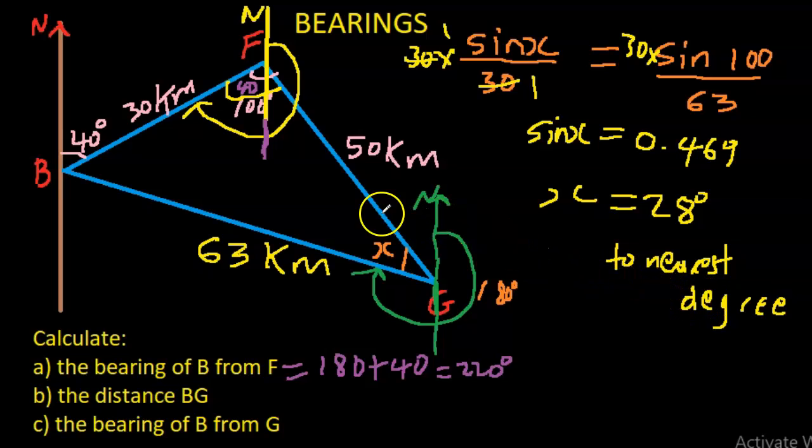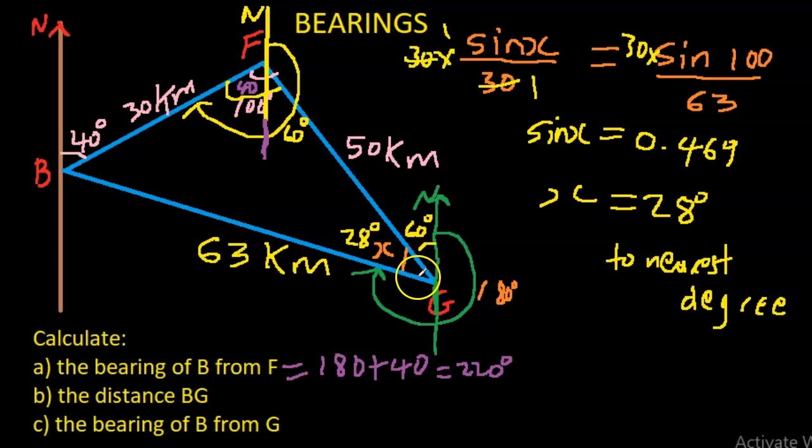So we know this angle is 28 degrees. We also know this angle is alternate to this angle. Remember the entire angle here was 100, and this was 40, so this piece is 60 degrees. If this piece is 60, then this angle here is alternate to that, so it's also 60 degrees.